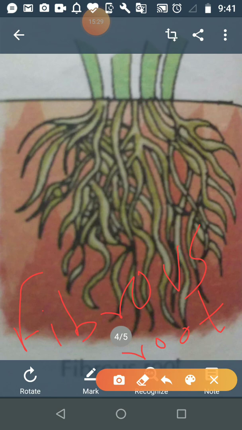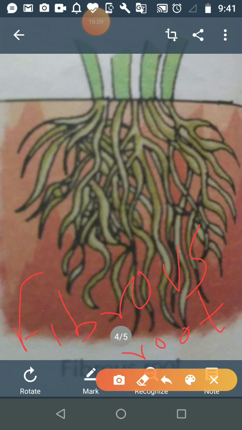But a fibrous root does not have a main root. Is it clear? It consists of many roots that grow from the end of the stem.